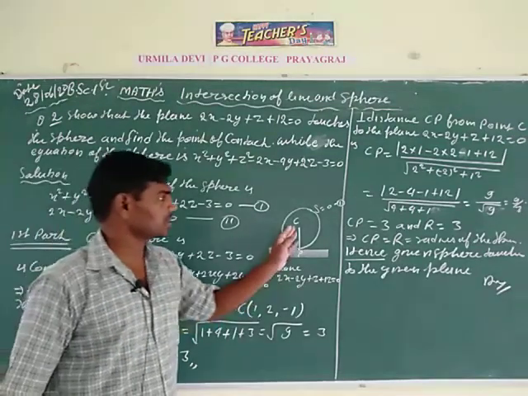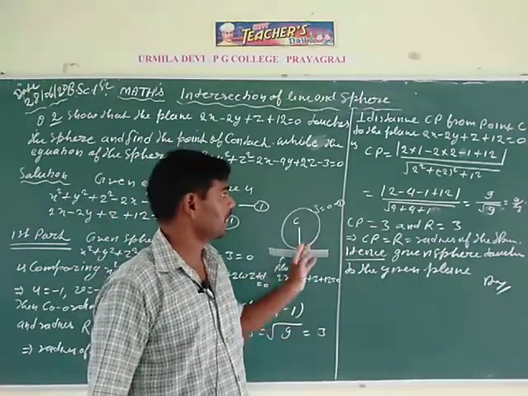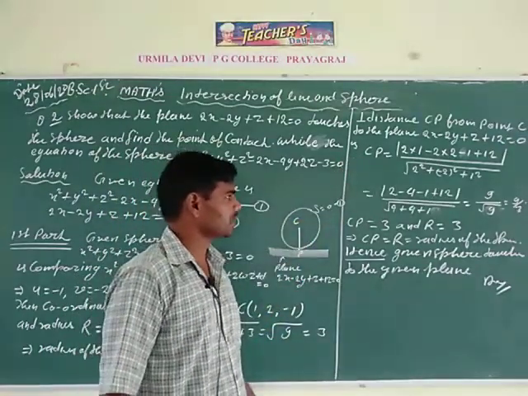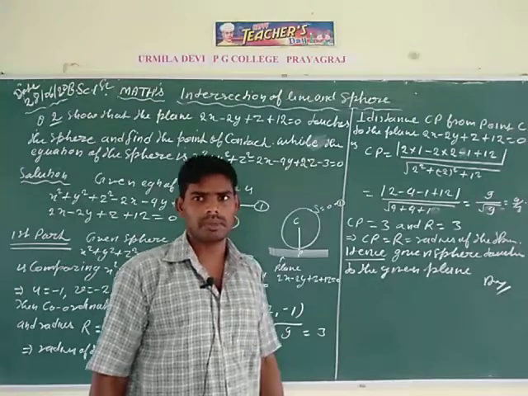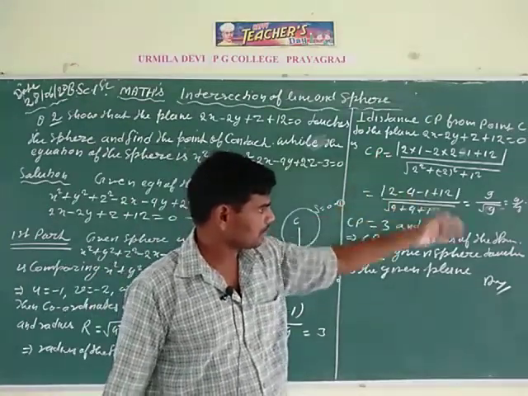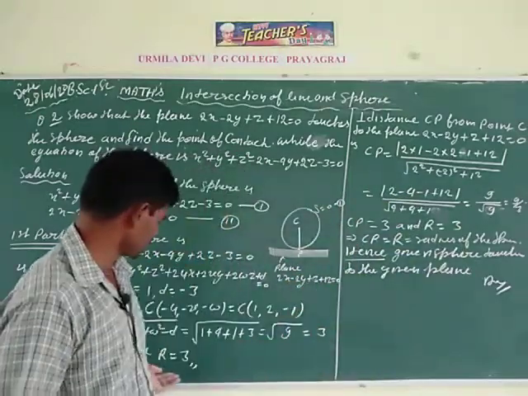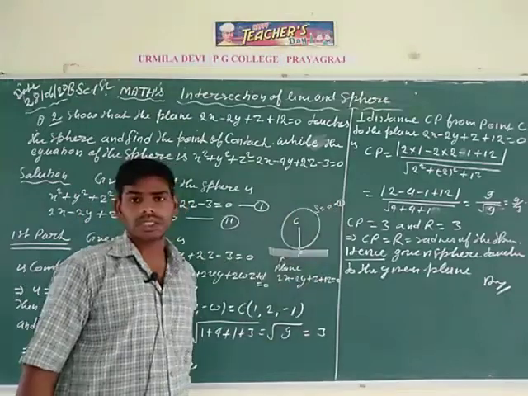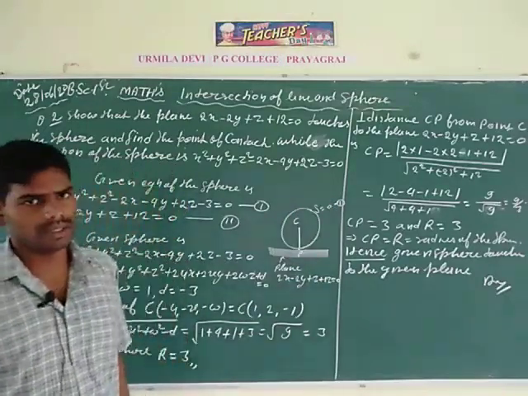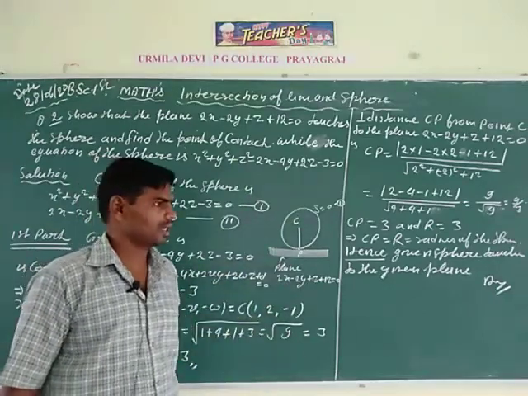After this, draw the perpendicular distance from the point C to the plane, and apply the formula for perpendicular distance from any point to any plane. After simplification it is equal to 3, and 3 is already equal to the radius of the sphere. So the perpendicular distance Cp is equal to the radius of the sphere, so the given sphere touches the given plane.